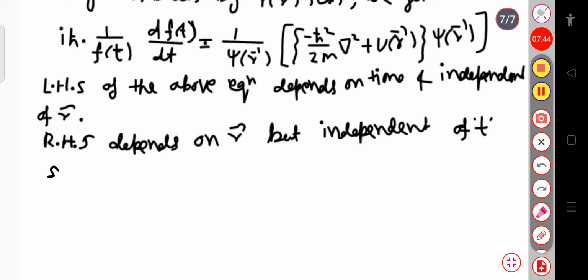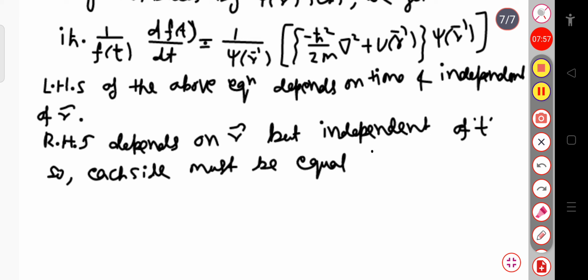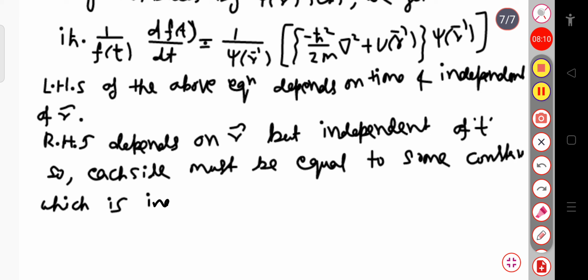Therefore each side must be equal to some constant, which is independent of both r vector and t.